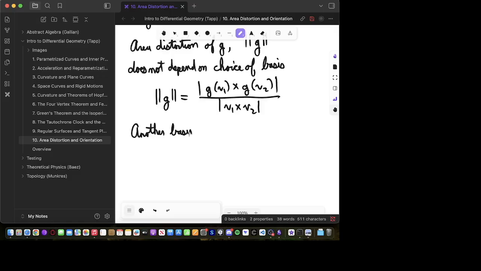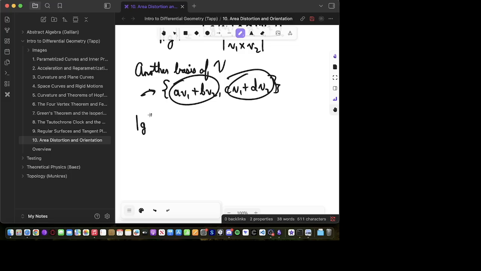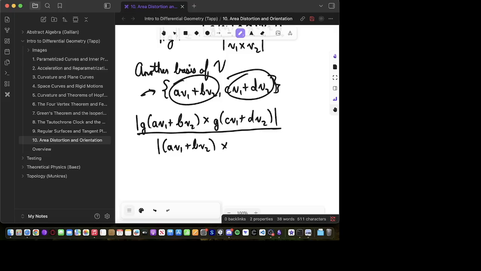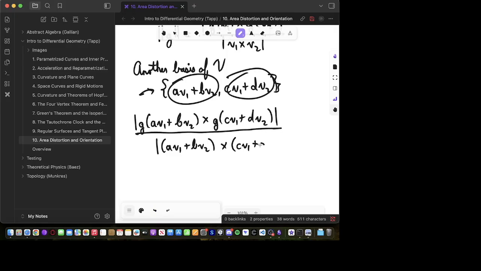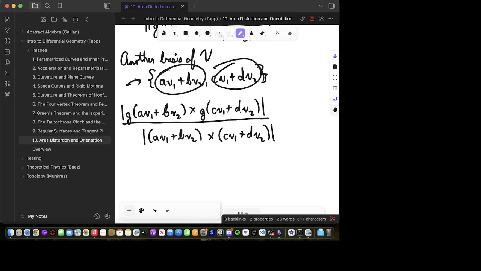Another basis of V may have a basis of the form like so. So what happens if we plug in this basis, replacing V1 with this and V1 with that? So here's what we get. And we can use various properties of cross products.